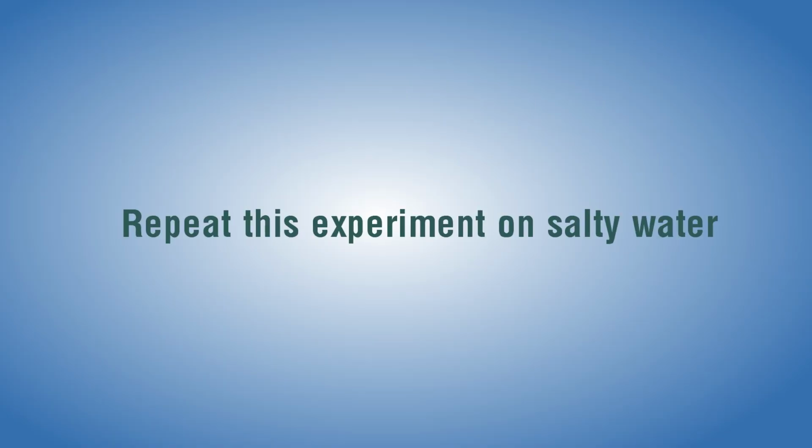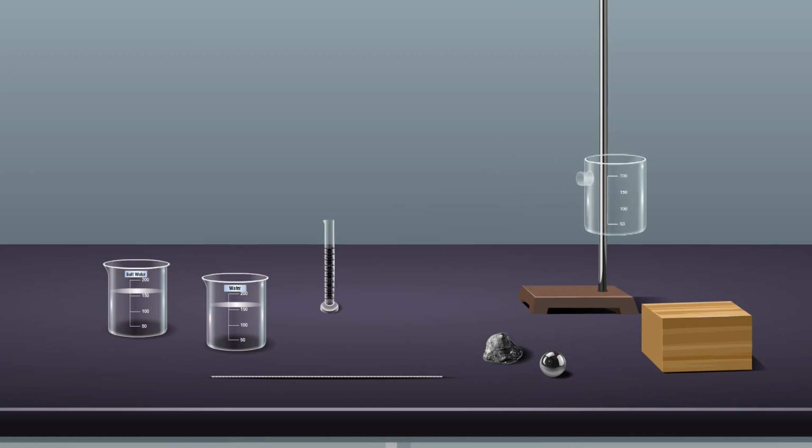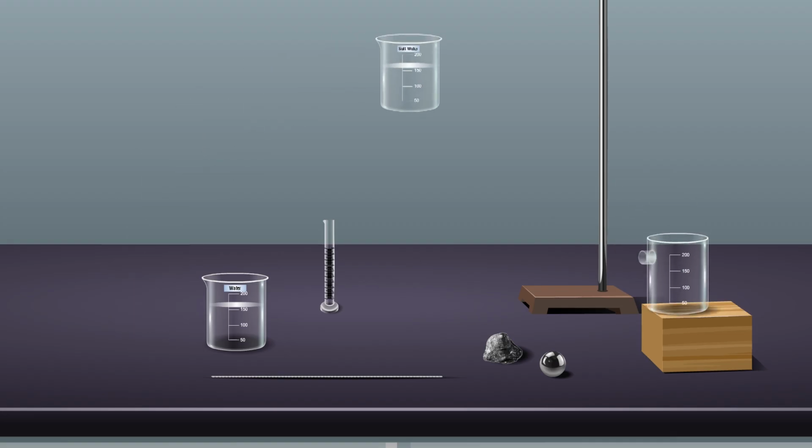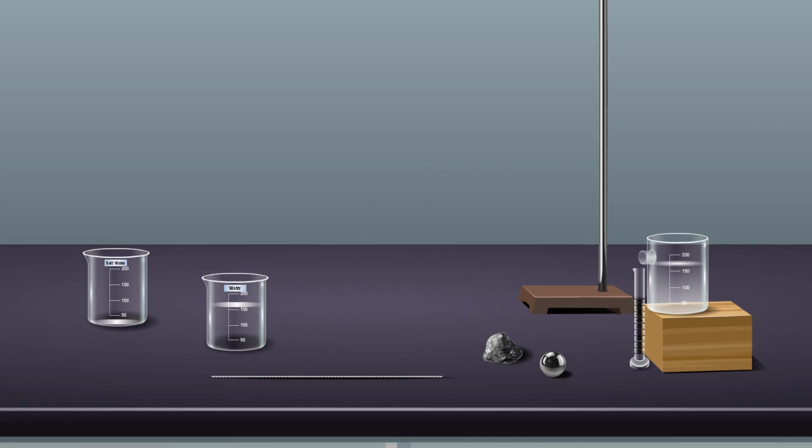Repeat this experiment with salty water. Take salt water in the overflow can. Place the measuring cylinder at the bottom of the spout of the overflow can.